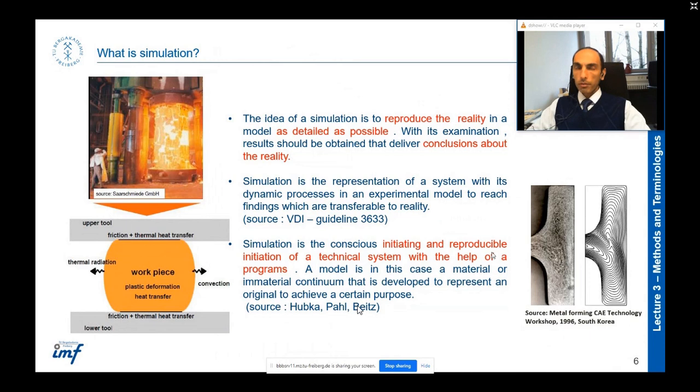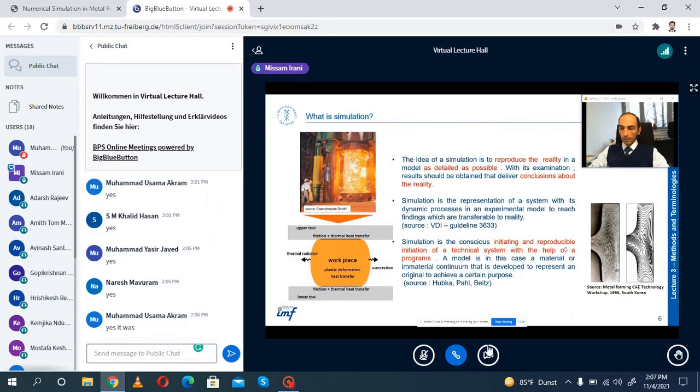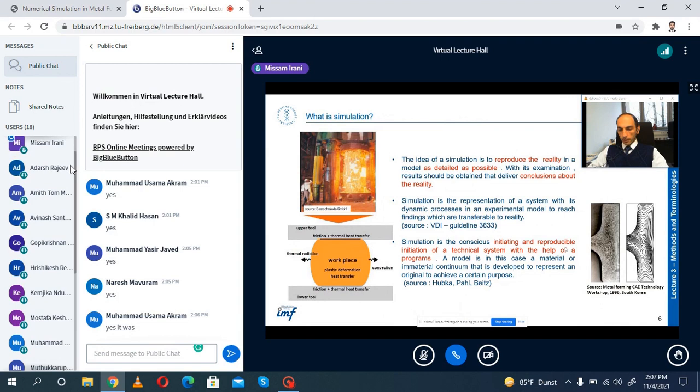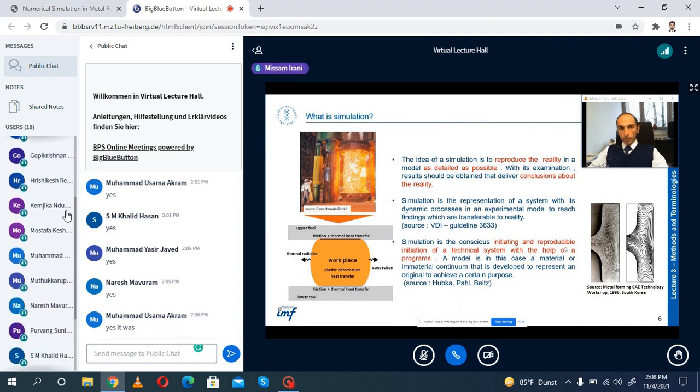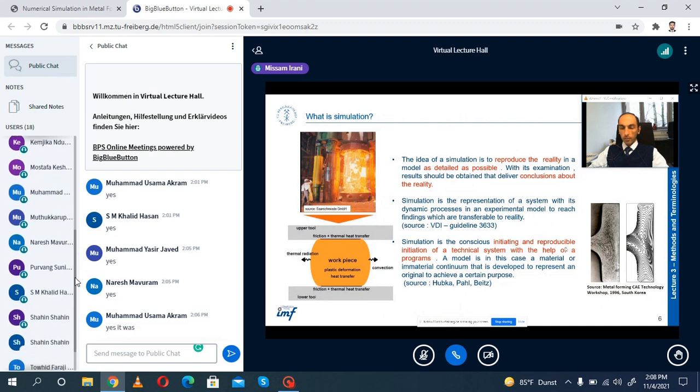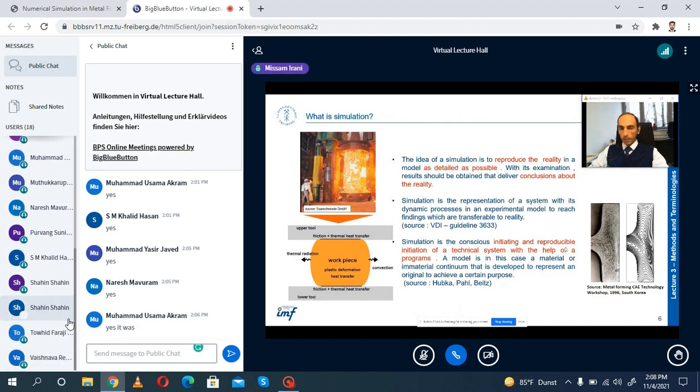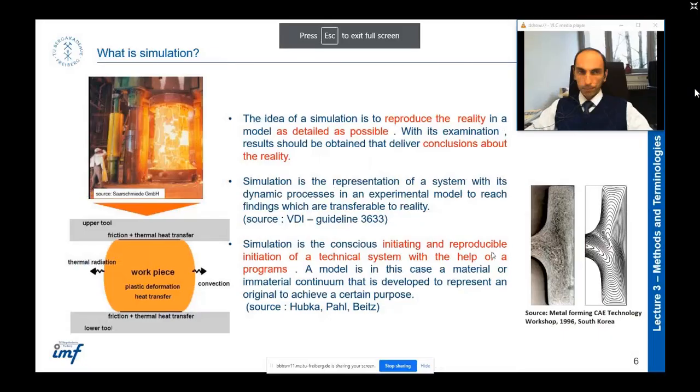Of course, I can say that by itself there are no disadvantages, but sometimes, from the point of view of accuracy or time, there can be some disadvantages for simulation.